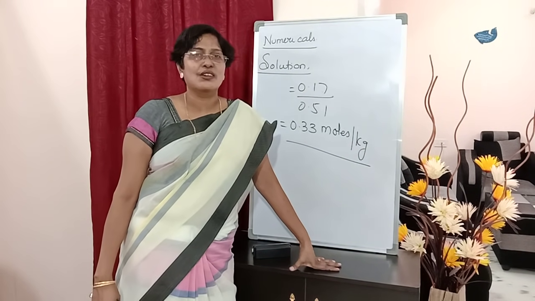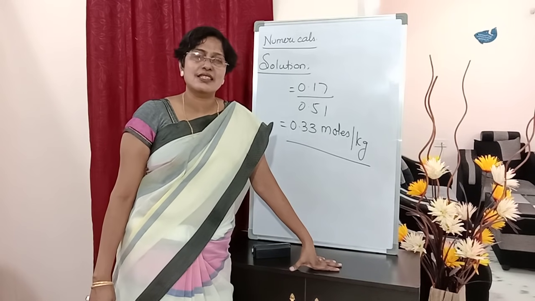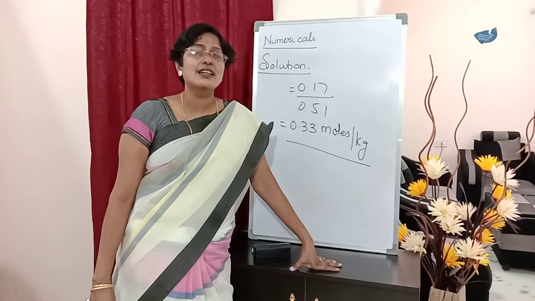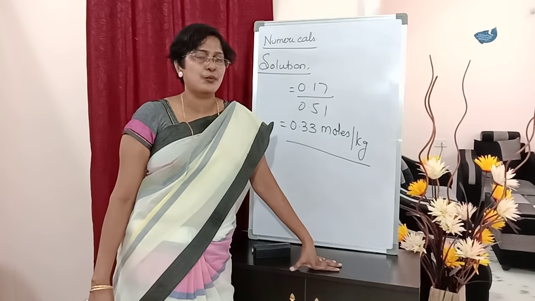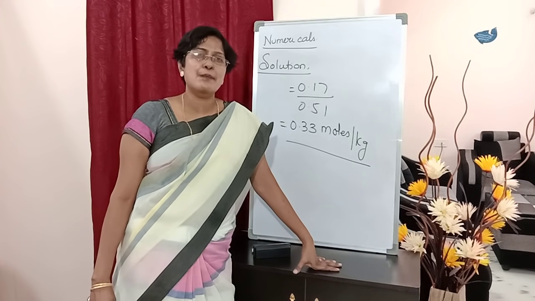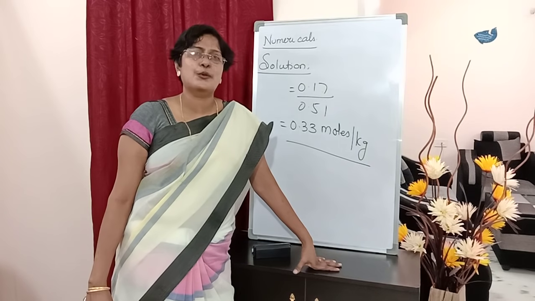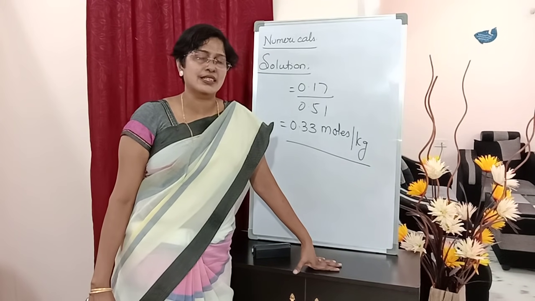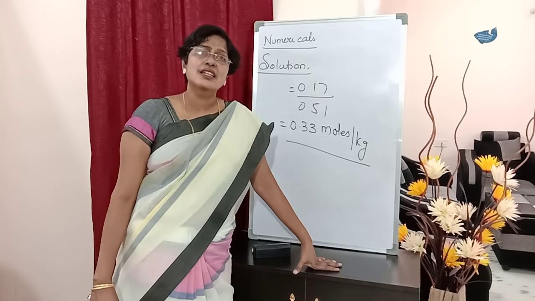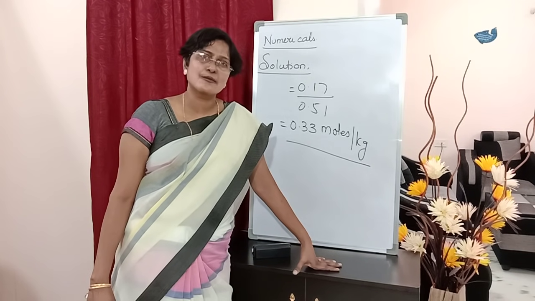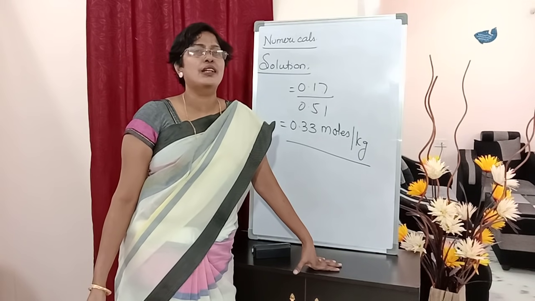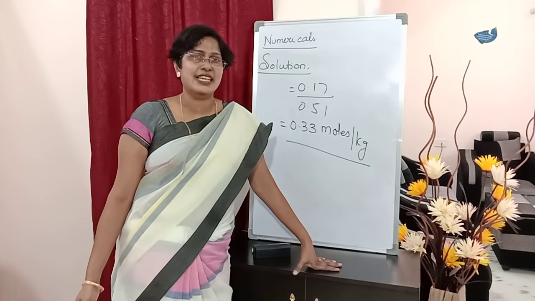So, these are a few numericals, students, that we have done under elevation in boiling point. We have completed the second colligative property, that is elevation in boiling point, under which we have learned a few definitions: what boiling point is, what elevation in boiling point is, what Kb is.